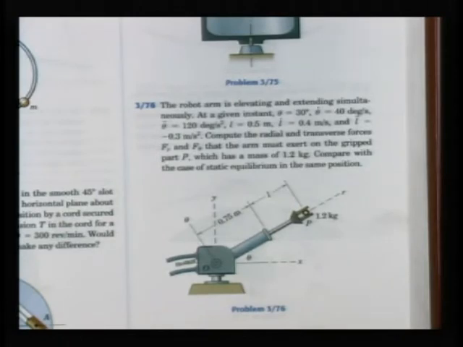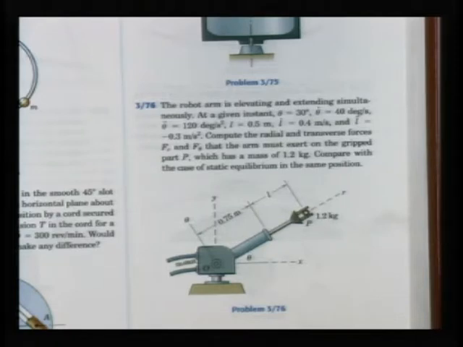Robotic arm is elevating and extending simultaneously. So it's rising up and it's getting longer. And they've got quite a bit of information given to us here. So I'm just going to write all those numbers up on the board so we have something to work with.